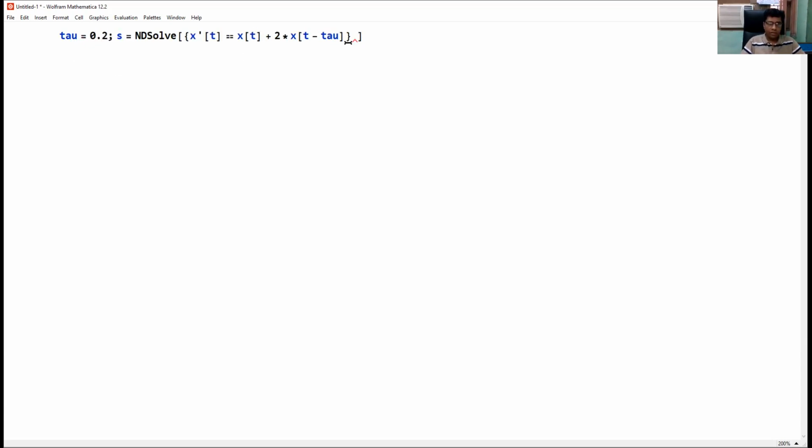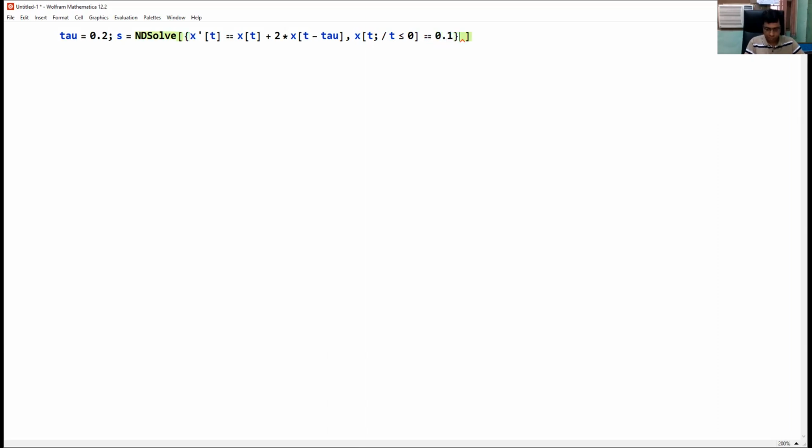So this is the differential equation, and then the initial condition. x of t for t less equal 0 equal to some non-zero initial condition, 0.1.